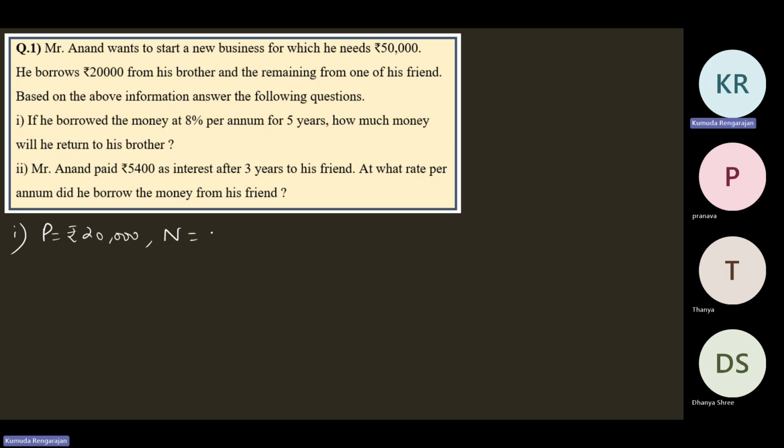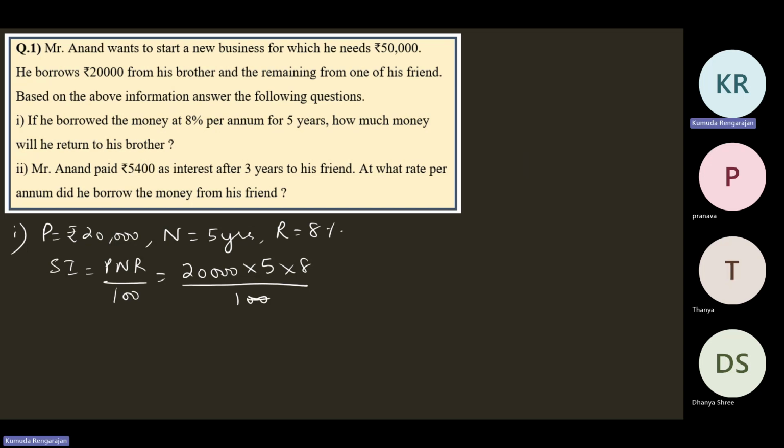Time, that is N, is 5 years and rate is 8%. So simple interest is equal to PNR by 100, that is 20,000 into 5 into 8 by 100. So two zeros. 8 fours are 40, 2 eights are 80, 8,000, correct?